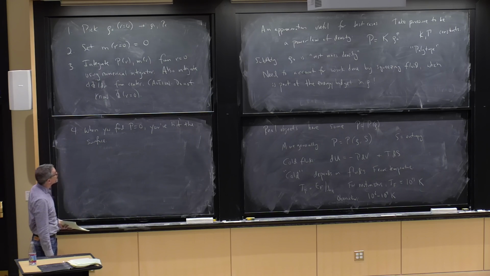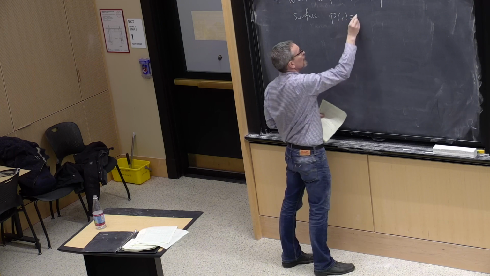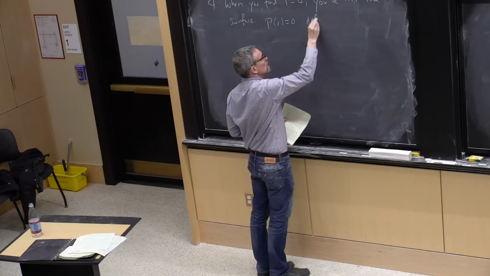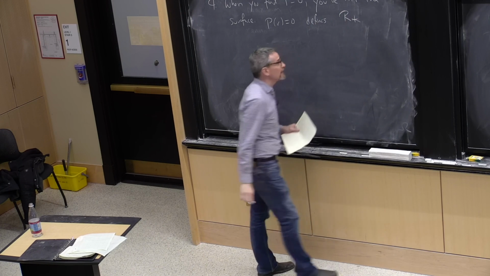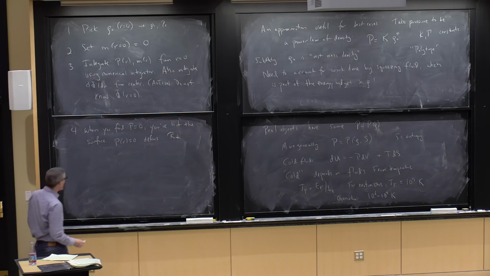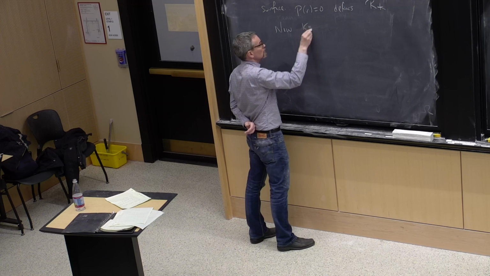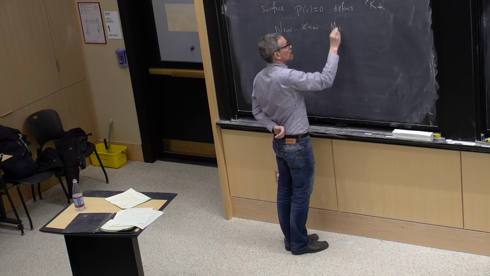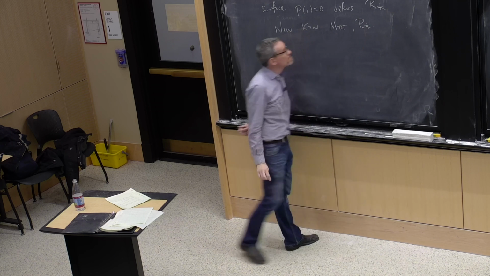So what we do is we use the fact that p of r equals 0 defines the star's radius r star. Once you've done that, you now know the total mass and the radius.